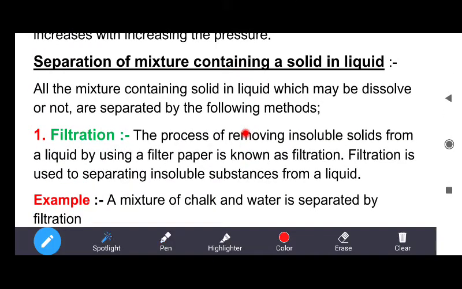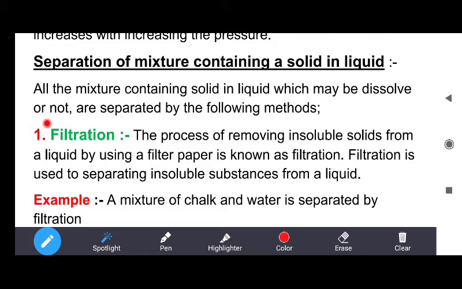So after the concentration and solubility of a solution, we will study the separation of mixtures containing a solid and a liquid, meaning solutions. If you prepare a solution by adding a solid into a liquid, what are the methods by which you can separate the components of the mixture? All mixtures containing a solid and a liquid, which may be dissolved or not.